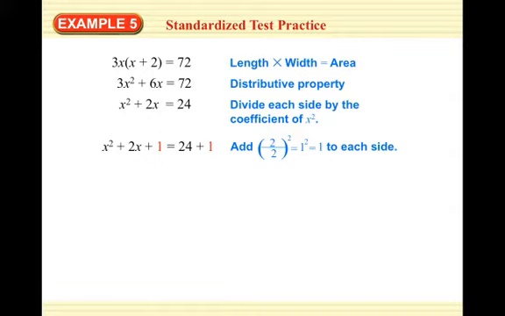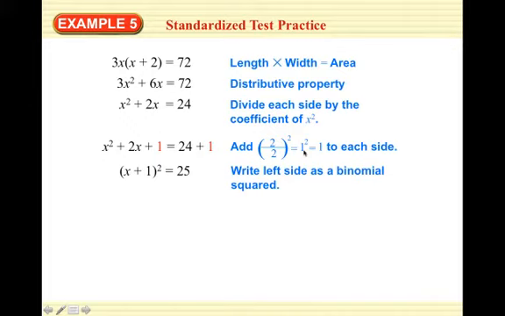And so we get x squared plus 2x plus 1 equals 24 plus 1. We're going to write the left side as a binomial squared. So it's going to be x plus whatever we squared right here. So x plus 1 squared equals 25. And then we take the square root of both sides, remembering to do plus or minus on the side with just the plain number.